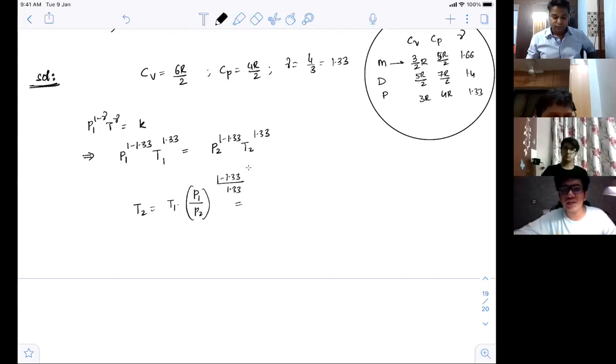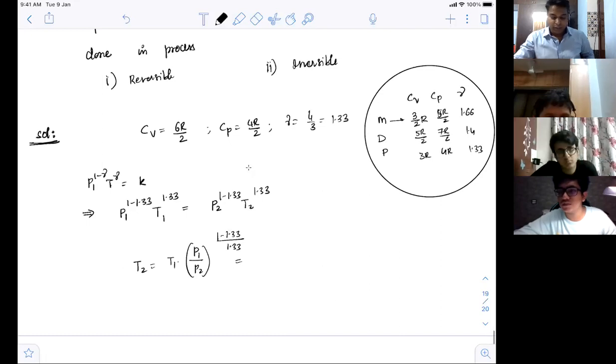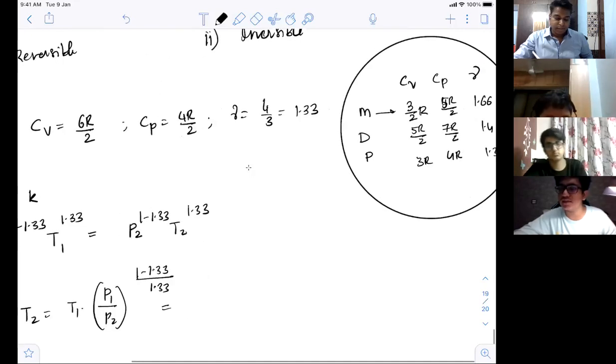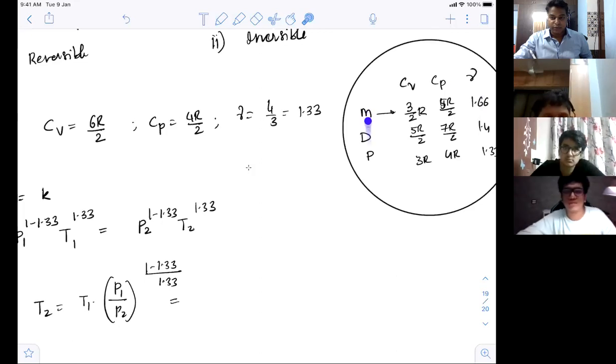So could you please repeat? I was disconnected for the past 2 minutes. Which part, beta? सर वो पूरा solution मैंने नहीं सुना. Solution के start से पहले से I got disconnected. Acha. See what I'm saying? You must know the Cp, Cv values and gamma values for mono, di, poly type of atoms. If it is monoatomic, it is 3 by 2R, 5 by 2R, and gamma is 1.66.